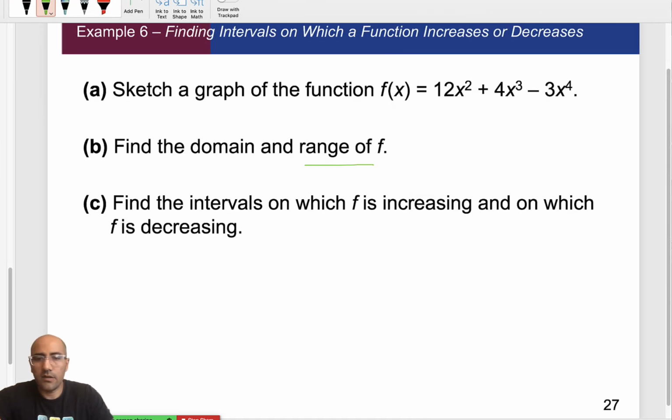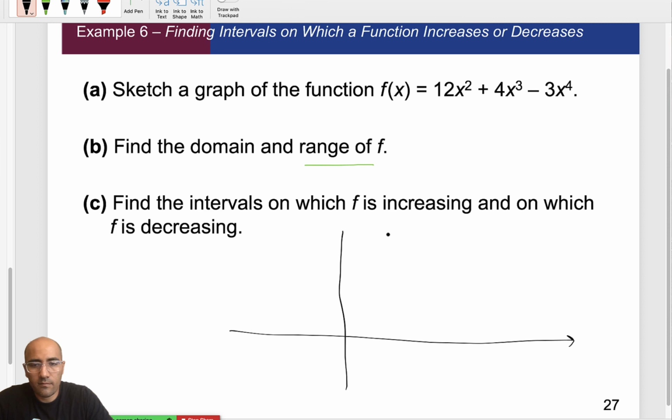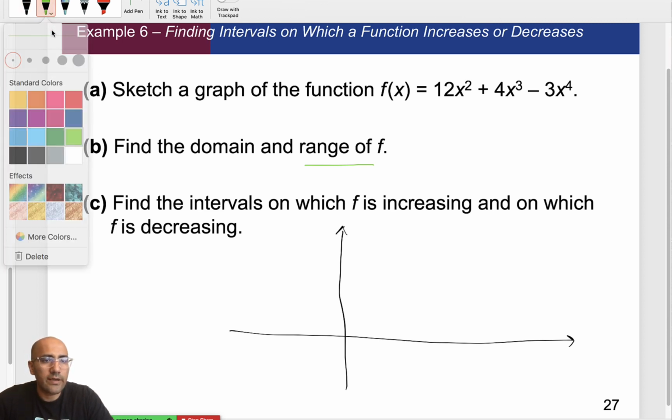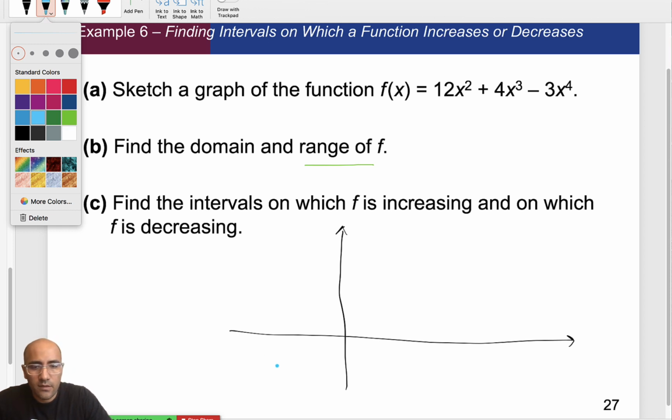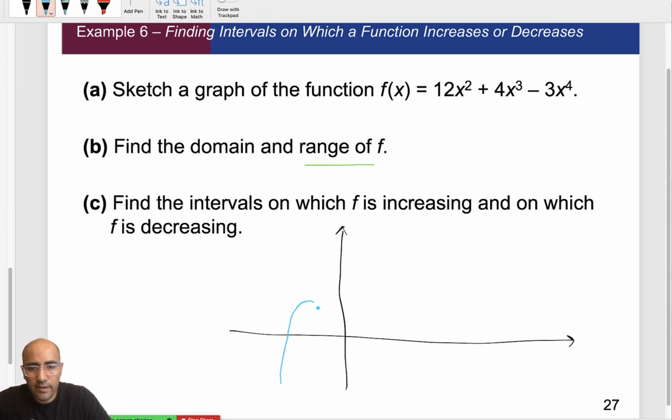Now I can do a rough little sketch here. I know that this is going to have, let's make it this way, it did a little thing and came up here, and then came up there, and then came back down here.